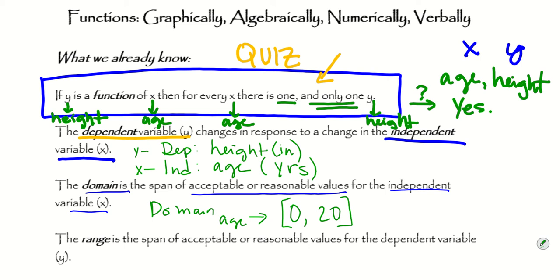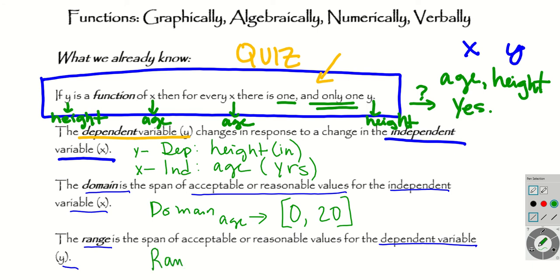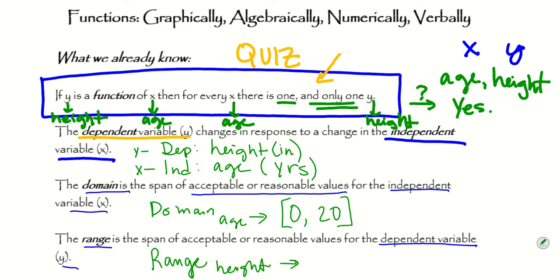The range is your span of acceptable values for your dependent variable, for your y. So again, in our example, our range would be our reasonable values for height. If we think about the typical person, the shortest they are might be 18 inches.